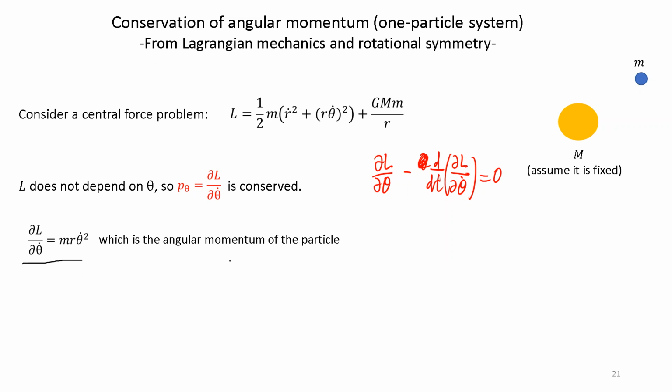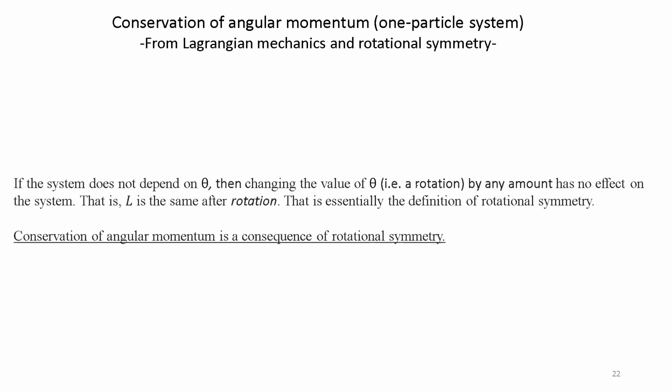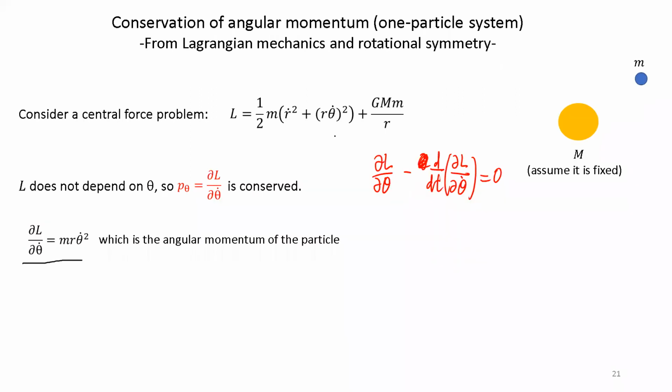If the Lagrangian does not depend on theta, we say this system has rotational symmetry. That means if we rotate the system by any angle, the Lagrangian that you write down is still the same. That's what we mean by rotational symmetry here.